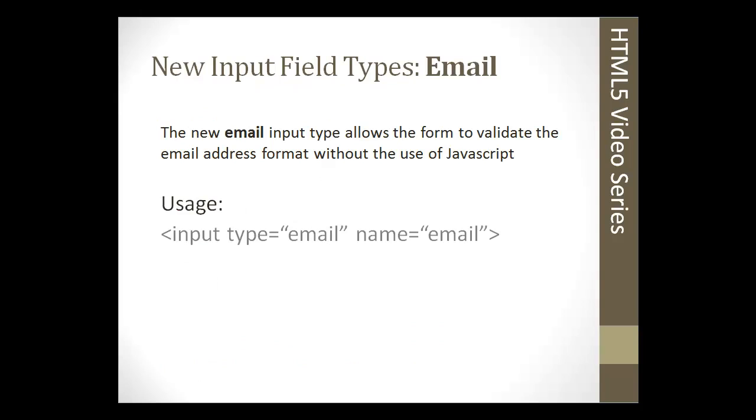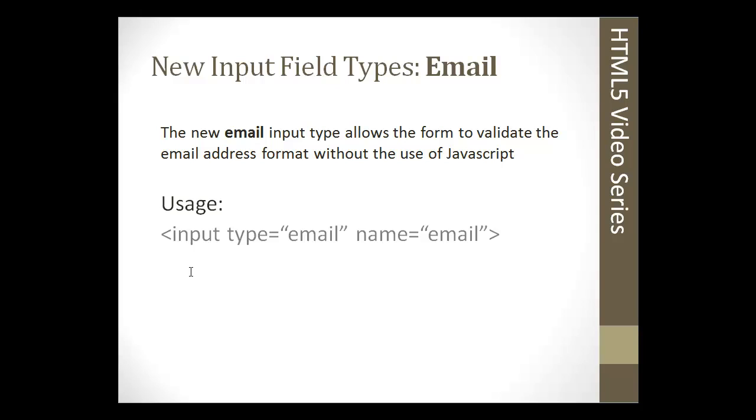So the first one up we have is the new input field email, and the new email input type allows the form to validate an email address without any use of JavaScript. Now in the past, if you wanted to validate an email, make sure that it's an email address going in, you would need to use JavaScript or some server-side processing just to check and see if it is an actual email address, and it would take a decent amount of code, but this makes it extremely easy.